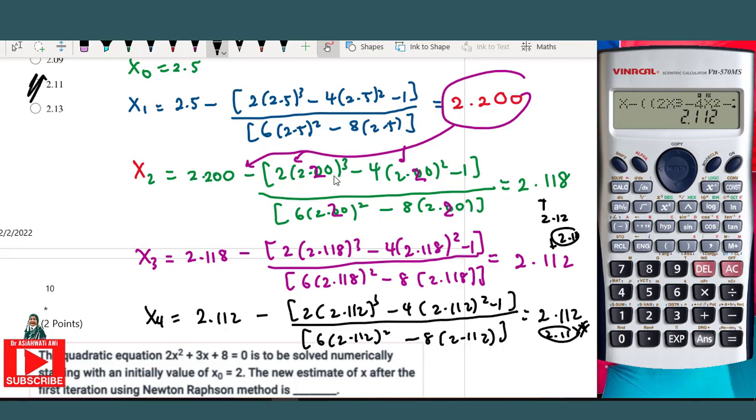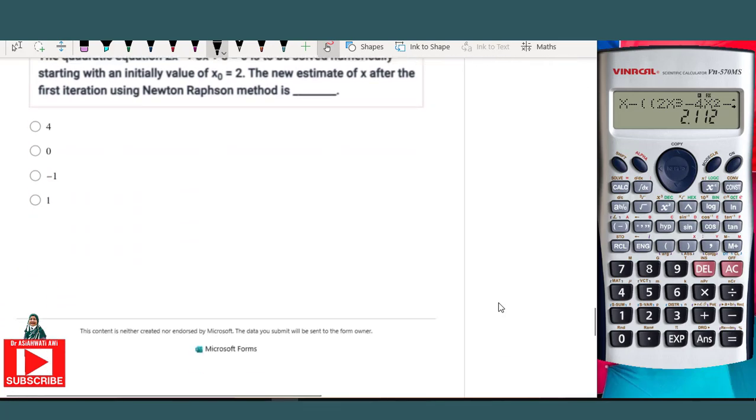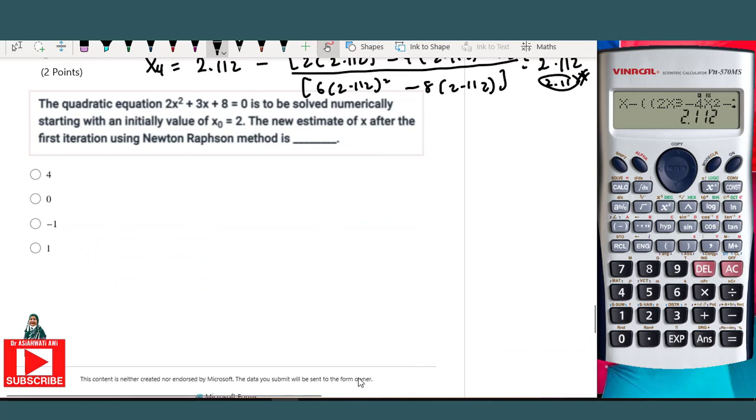That's all. Then write down the steps, calculating the answer again and again until you get the same value when rounded off, 2.11. Okay, settled for number 9. Same procedure for number 10.